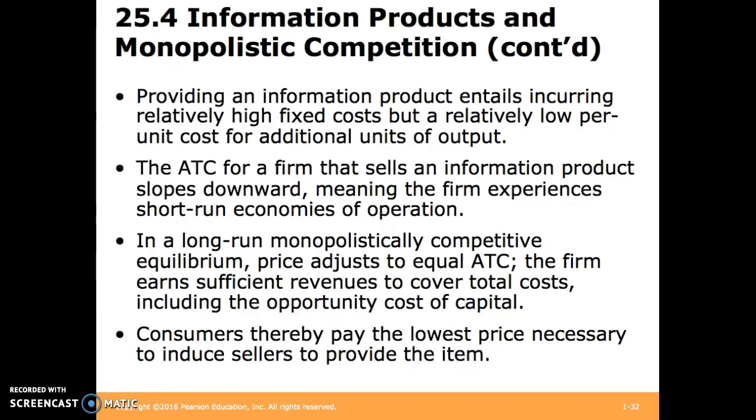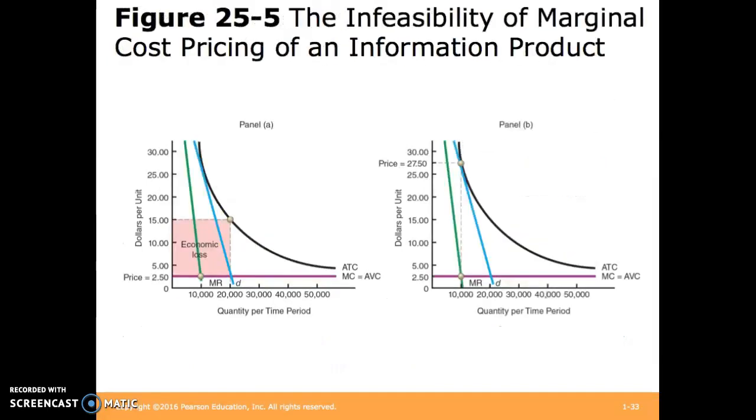However, in the long run, monopolistically competitive equilibrium, price adjusts to equal average total cost, and the firm earns sufficient revenues to cover total costs, including the opportunity cost of capital. Consumers thereby pay the lowest price necessary to induce sellers to provide the item. Here we can see this graphically.